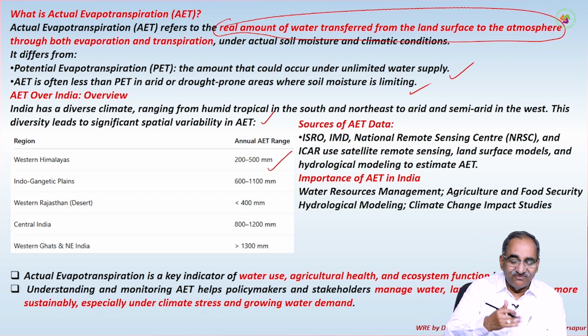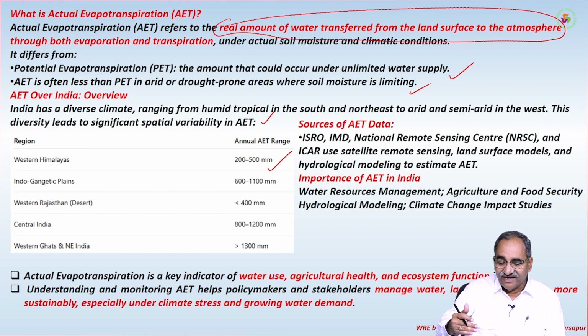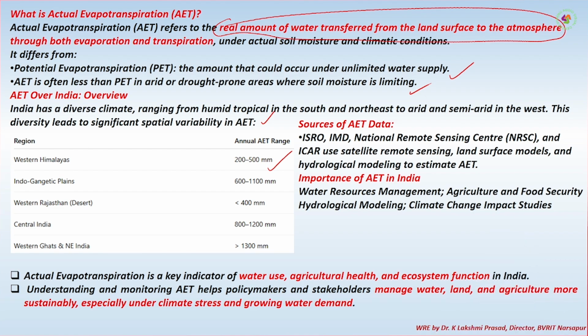And as you move towards the upper side, you can see how it is increasing. So how do we get the sources of actual evapotranspiration? ISRO is one source, the Indian Meteorological Department, and the National Remote Sensing Centre is the other. Based on these three, this AET is obtained.